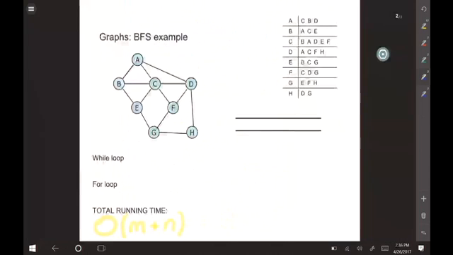So the while loop executes once for each vertex. Okay? Now, I'm not going to include that as a factor of n, as tempted as I am to do so. I'm going to leave that for just a second.